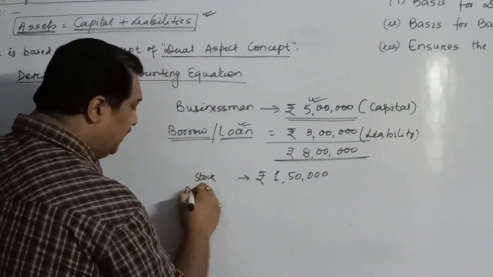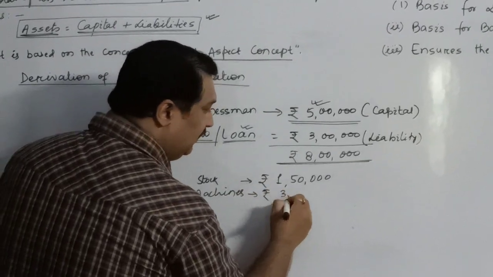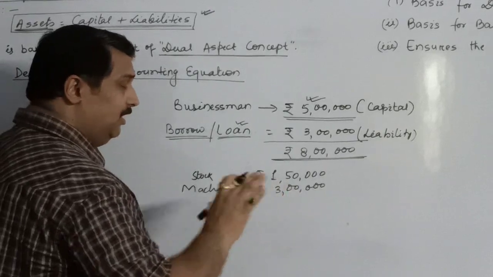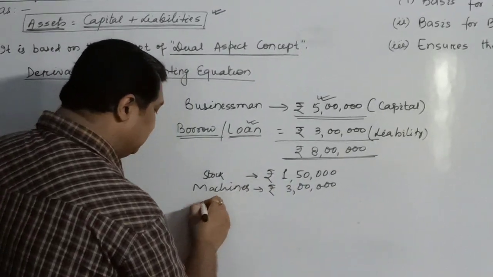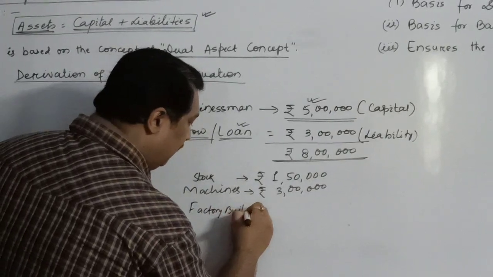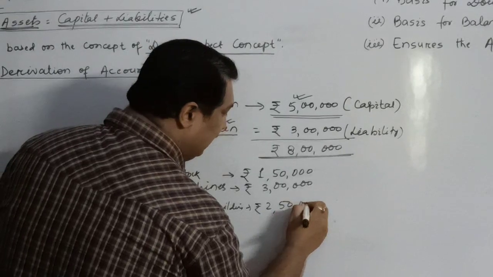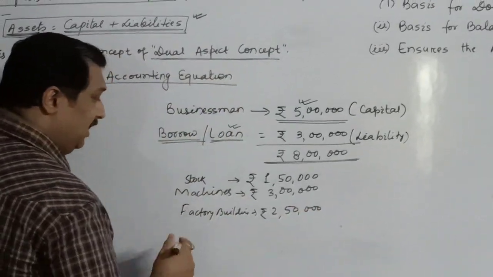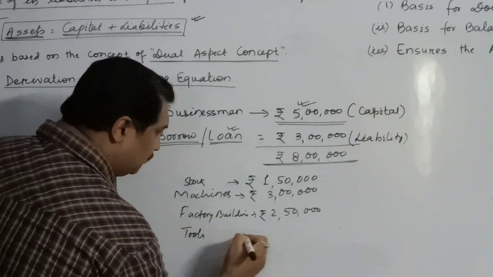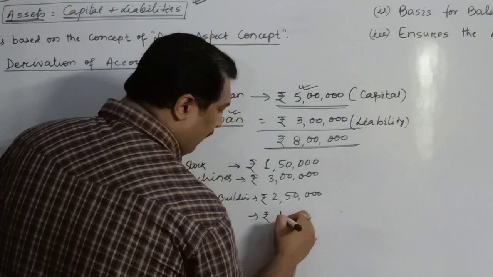He needed machines to produce, so he bought machines of rupees 3 lakhs. He needed a place where he had to install the machines, so he bought a factory building. The building cost him rupees 2,50,000. Now he bought some tools and other implements, so that was, let's suppose, 1 lakh.